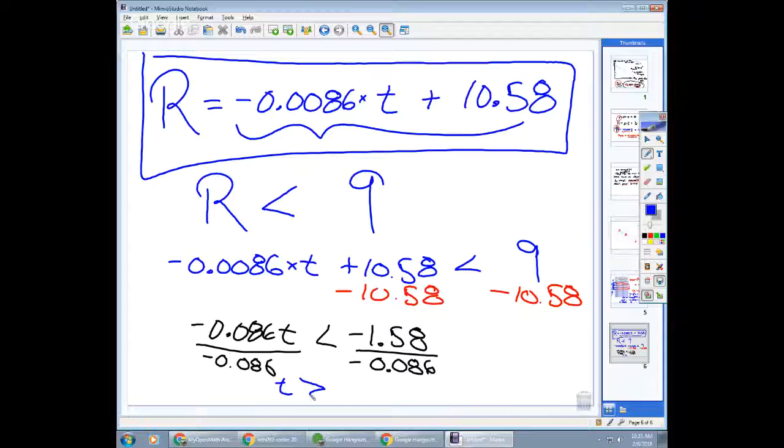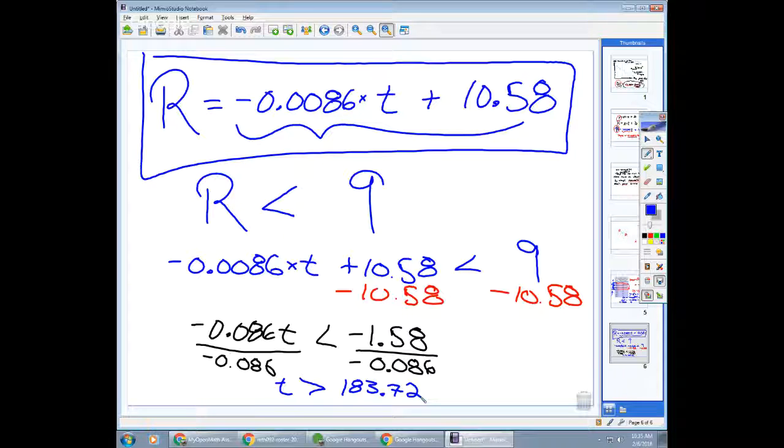Anybody else get 183.72? You just missed a 0 or a decimal point somewhere there. So what is t again? Years after 1900.